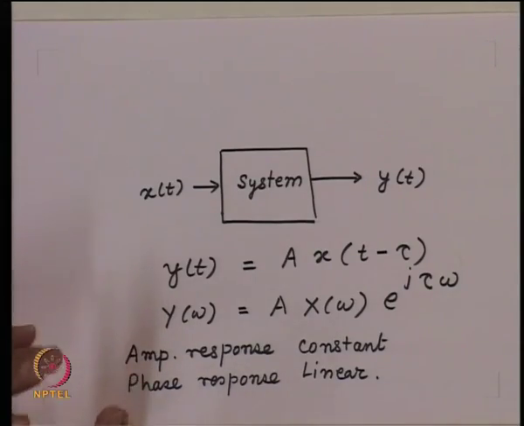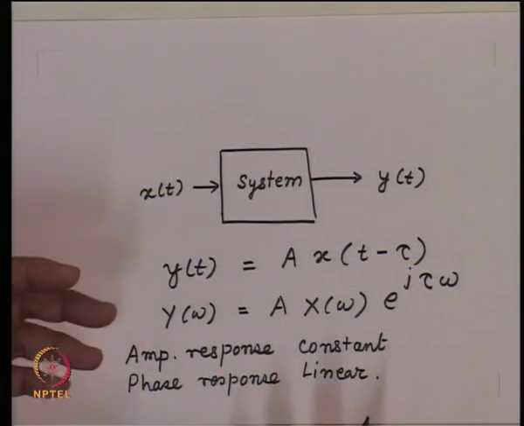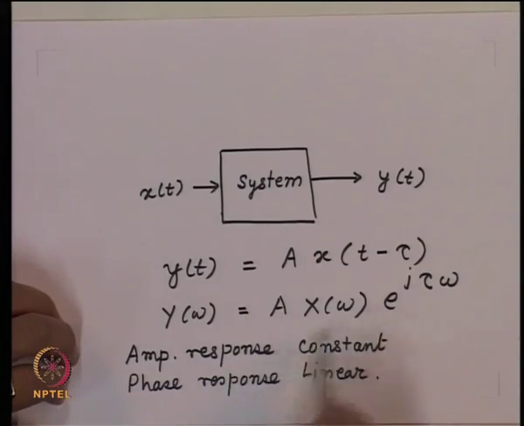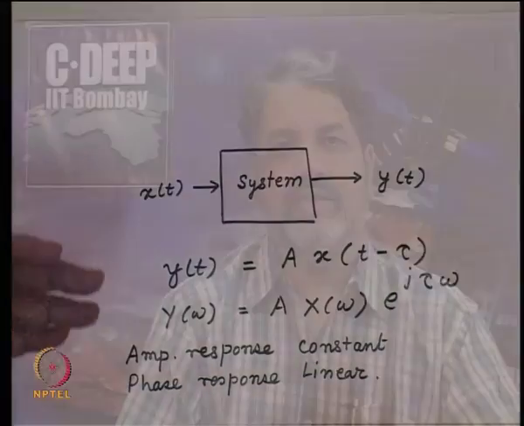If these two conditions are satisfied, then there will not be any distortion of the signal when the signal passes through the system. With this understanding, then let us now go to the optical fiber and ask a question whether these two conditions are satisfied. And if they are not satisfied, then only we will get distortion on the optical fiber. If these conditions are satisfied, then we will have a distortionless propagation on the optical fiber.